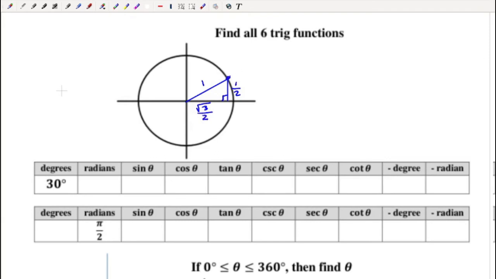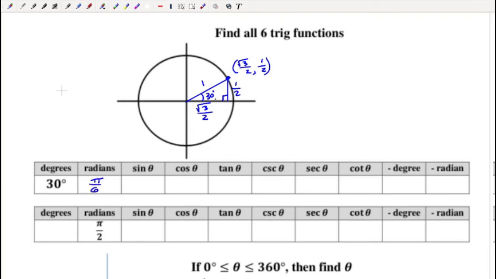This gives me the point then with coordinates √3/2, 1/2. So that's the first thing. I'm just going to draw in my unit circle and label, here's my 30 degrees. Now the next part asks me, what is 30 degrees in radians? Well, 180 divided by what is 30? 180 divided by 6 is 30, so this is also going to be then pi/6.